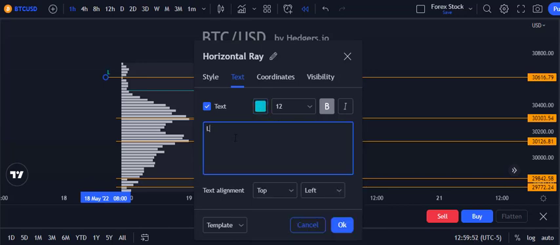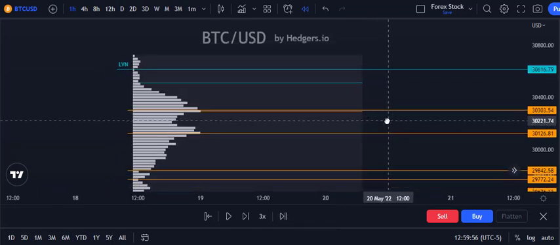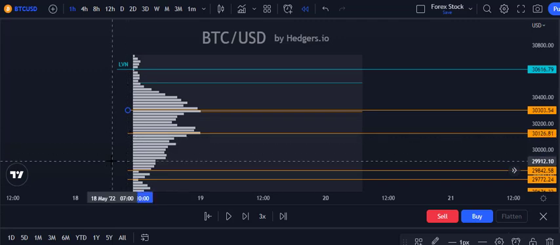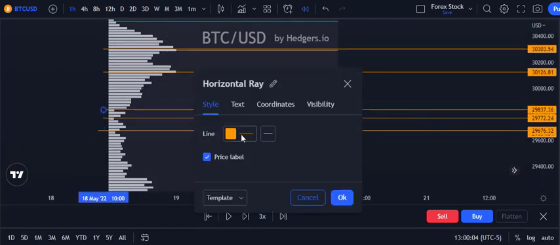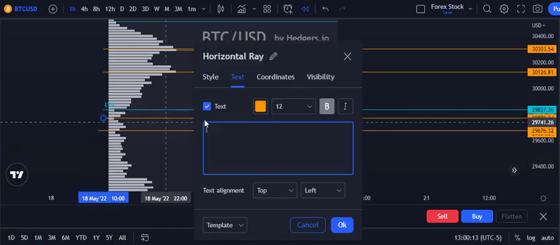This should be in the single term, so it will be easy to mark these levels. And the high volume node here. Okay, the high volume node here. The low volume node at this point, you see the singularity of this, and you need to name this as a low volume node. Low volume node as well.